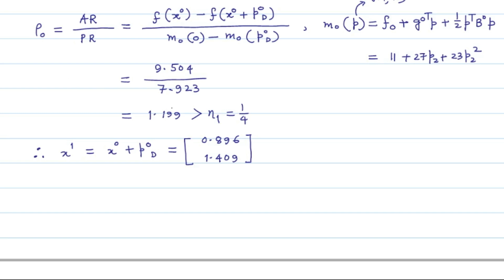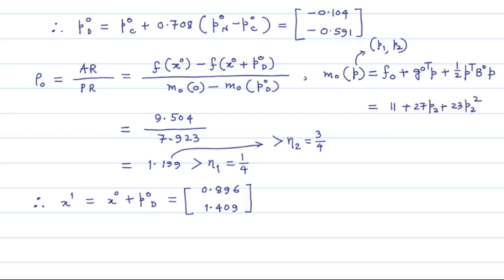We notice that this reduction ratio value is even bigger than the happy threshold value eta 2, and therefore according to step 4 of the dogleg trust-region algorithm, we need to expand the trust-region radius by calculating the minimum of the maximum value of delta and twice delta_0, which is equal to 1.